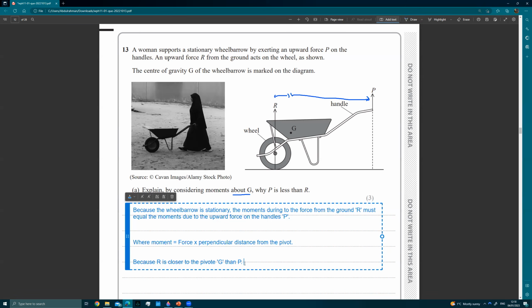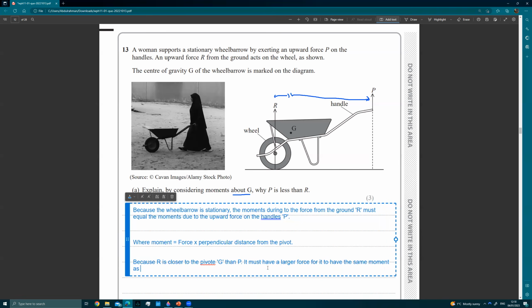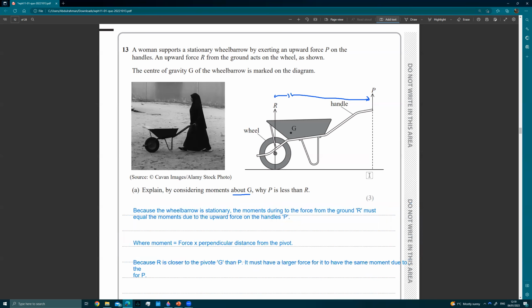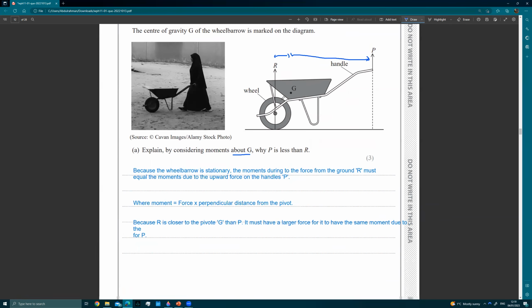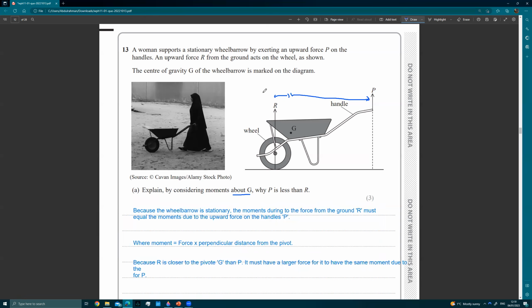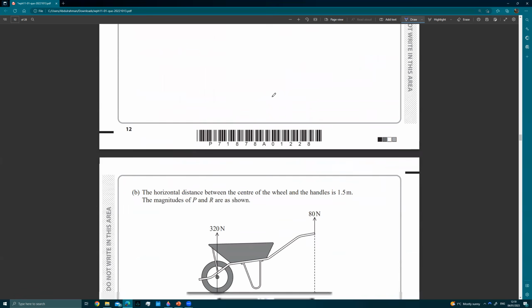So because it's closer than P, it must have a larger force for it to have the same moment. As long as you say moments clockwise is moments anti-clockwise, this has a shorter distance to the pivot, therefore it must have a larger force, then that's what you usually say for these sort of questions.